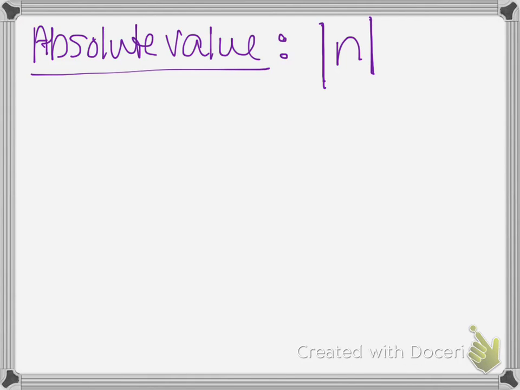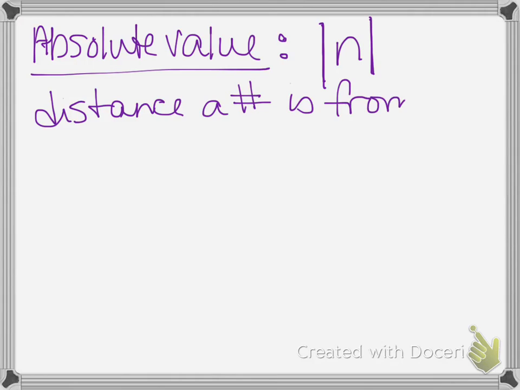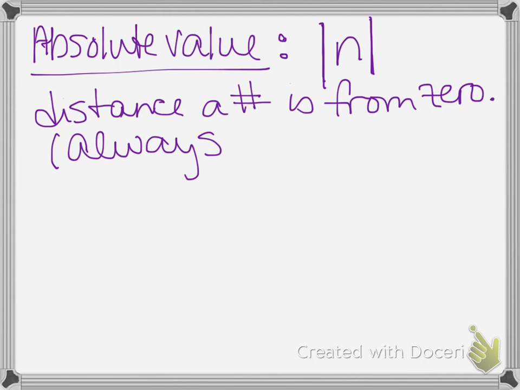When you see that, what I want you to tell me is the distance a number is from 0. Okay, now I want you to put in parentheses here: this is always positive. So it doesn't matter if it's a positive or a negative number.